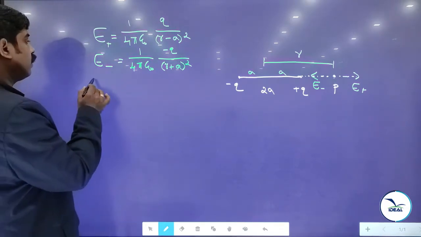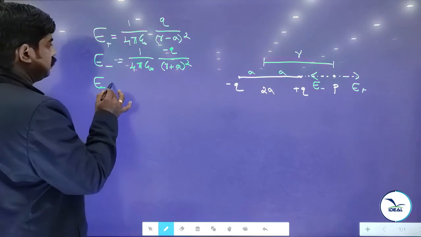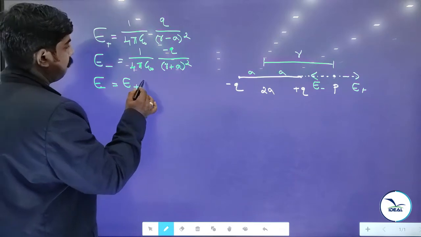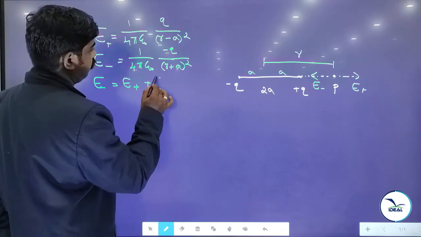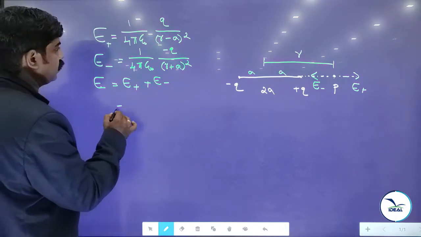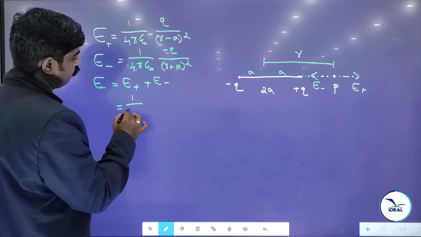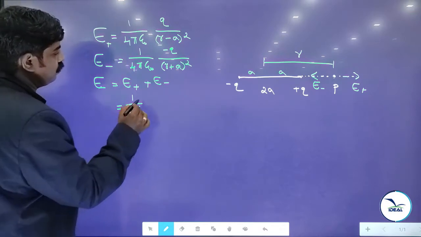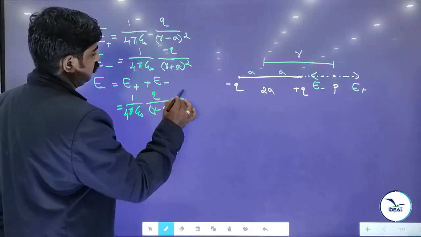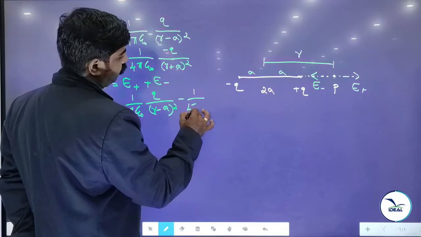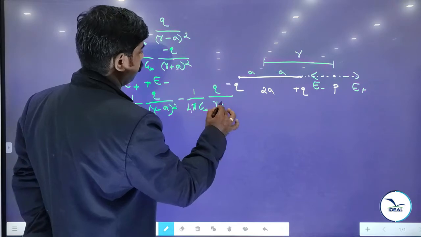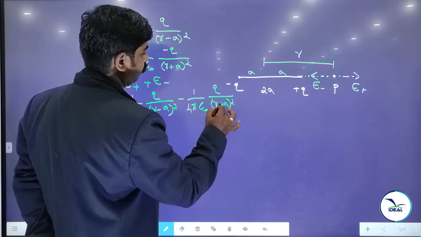Then the total electric field E is E plus E minus. That's equal to 1 by 4 pi epsilon 0 q by r minus a the whole square minus 1 by 4 pi epsilon 0 q by r plus a the whole square.